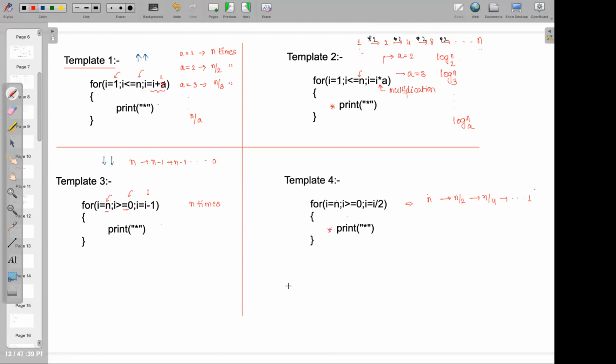Whether you are going from A to B or B to A, you are printing. Ultimately, what you need to check is how many times the loop is running. That is important for us, friends, ultimately.